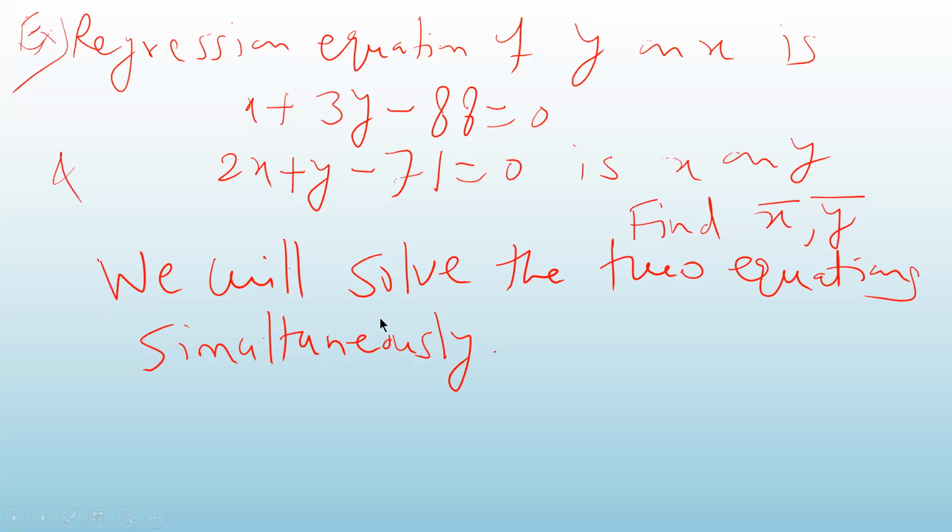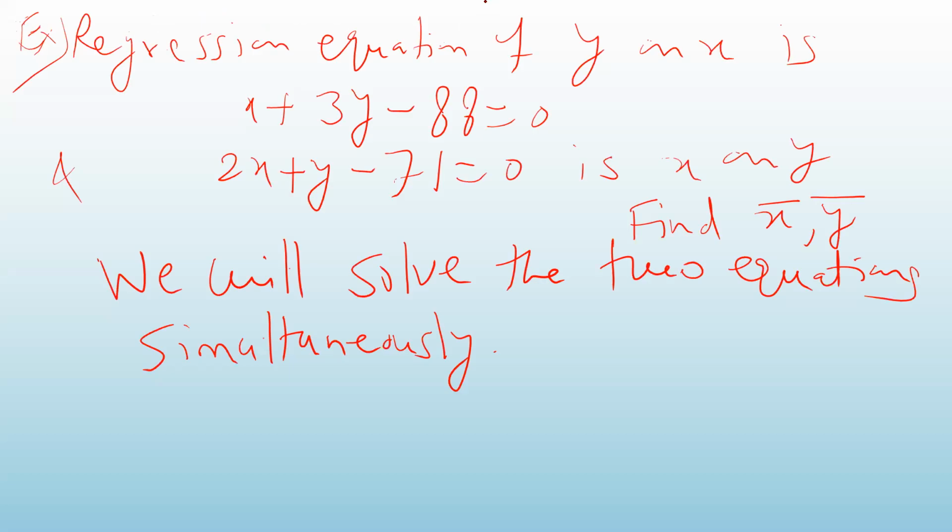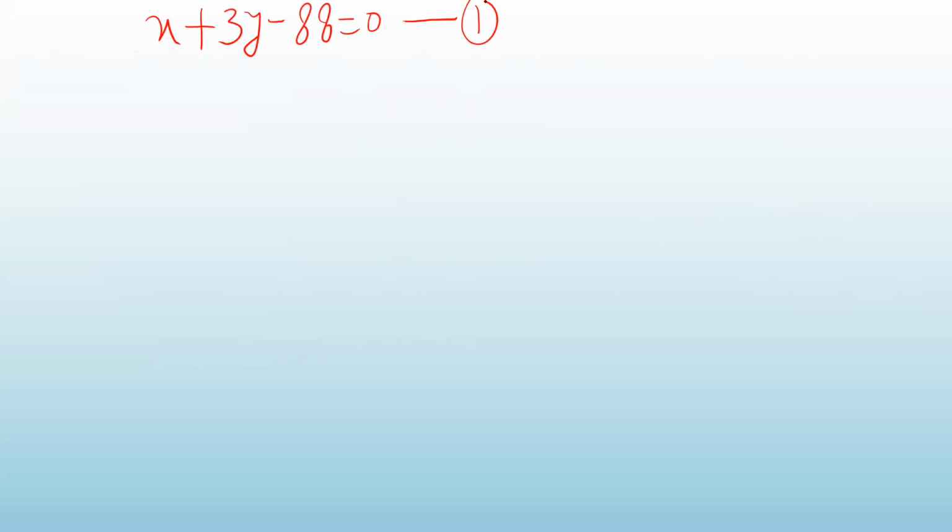So let us write down the two equations. x plus 3y minus 88 equal to 0. This is my first equation, correct? And the second one is 2x plus y minus 71 equal to 0.